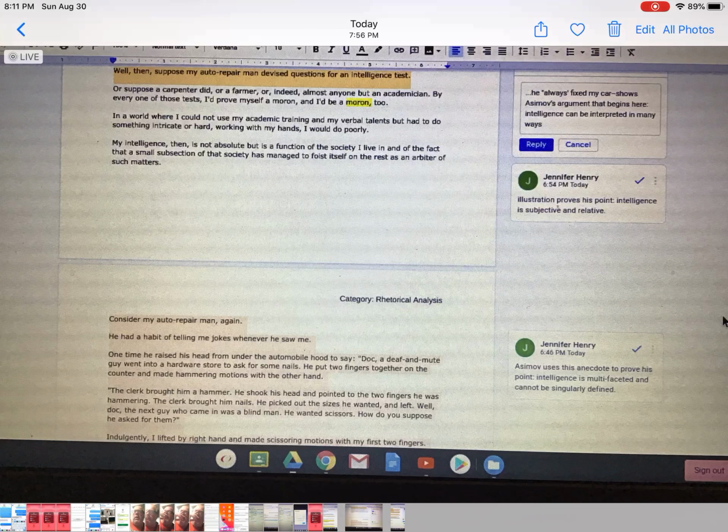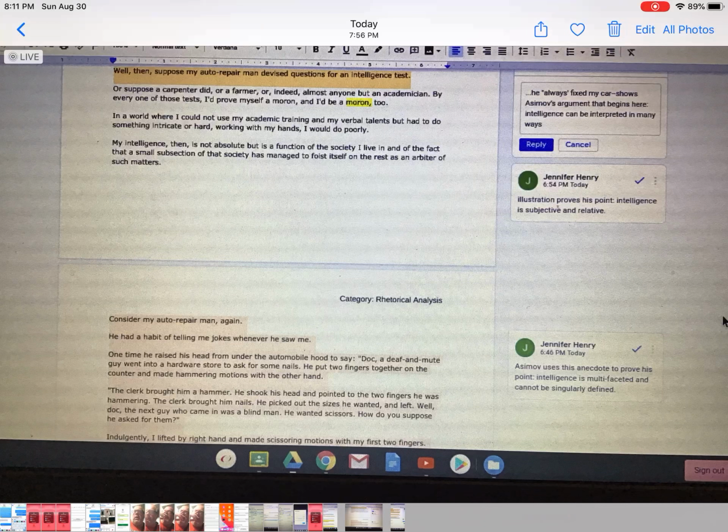Then I put, well, then suppose my auto repairman devised questions for an intelligence test. I liked that because it gets to his purpose as he tries to define what exactly is intelligence. And aren't there multiple ways to perhaps define it?